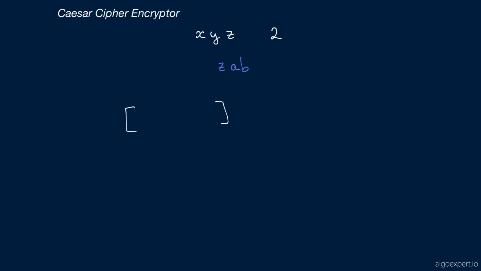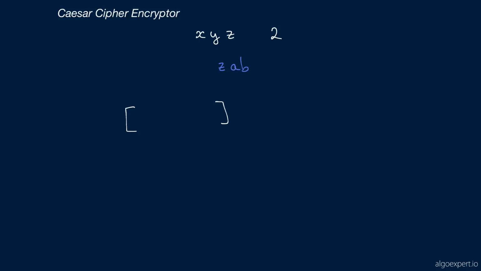So if you're unfamiliar with Unicode values, basically, I think the majority of languages have built-in functions that will take in a character and return that character's Unicode value. So in Python, for instance, the function that does that is the ORD function, O-R-D. It takes in a letter and it returns its Unicode value.